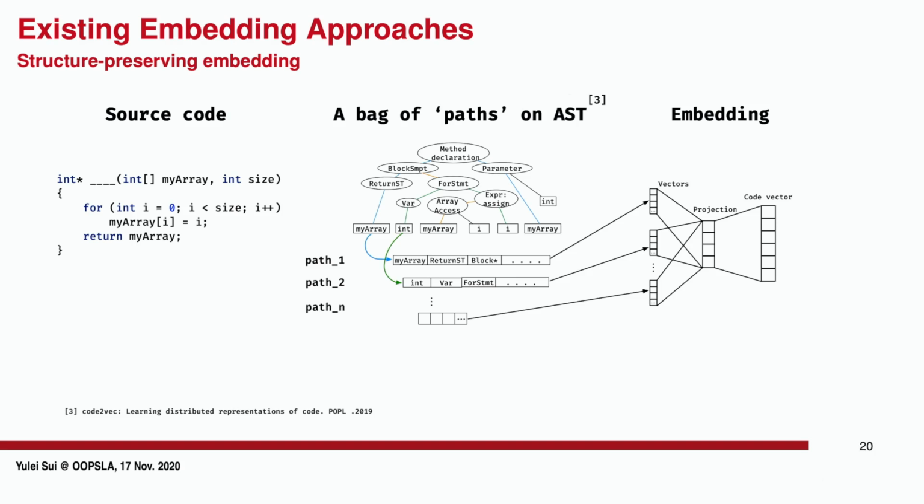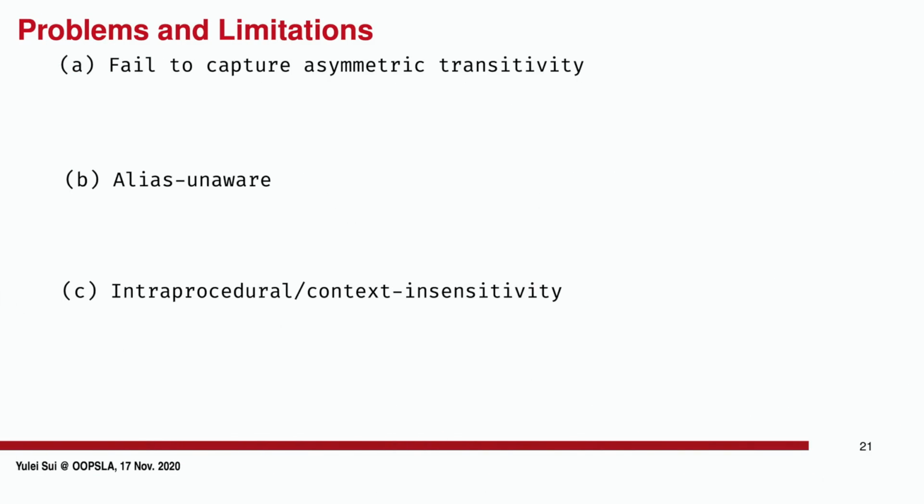In such a way, it can capture the relationship between two tokens in a structured manner. The more sound and precise structural information is preserved, the more effective the code vector can be. However, there are still three limitations of the existing structured code embedding, which may preserve spurious program dependence or miss important relations between tokens in the embedding space.